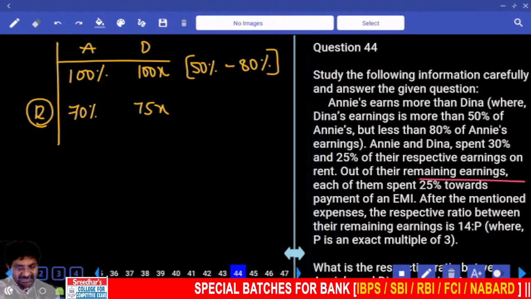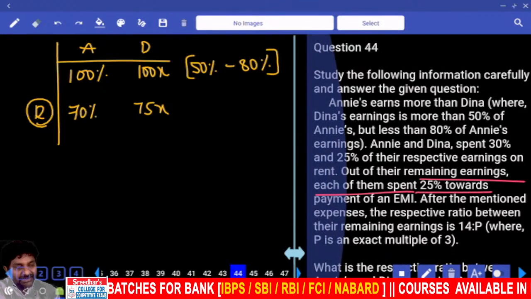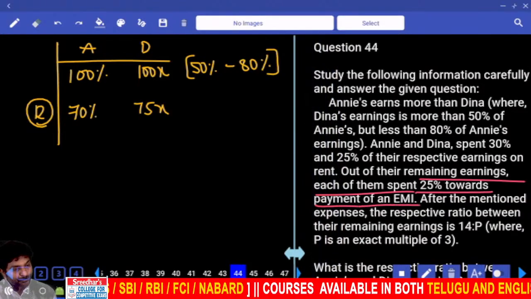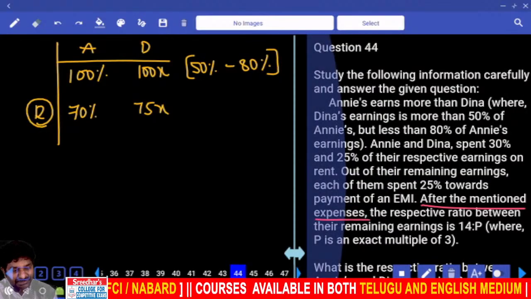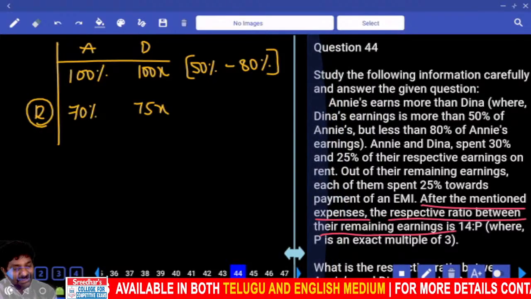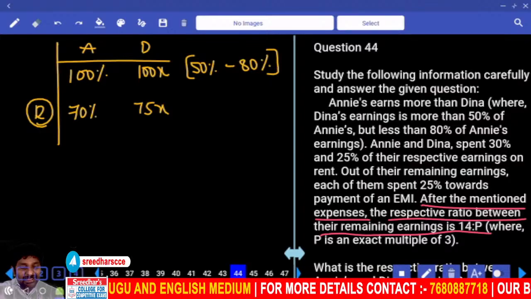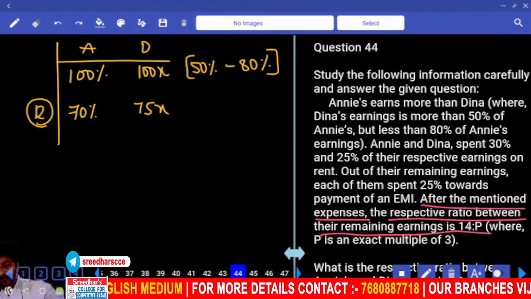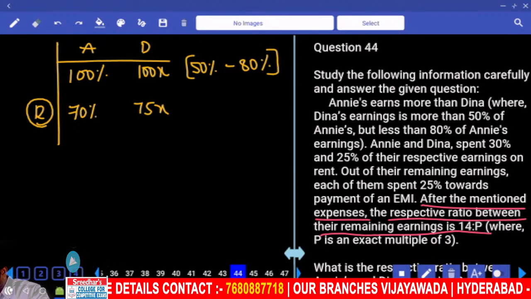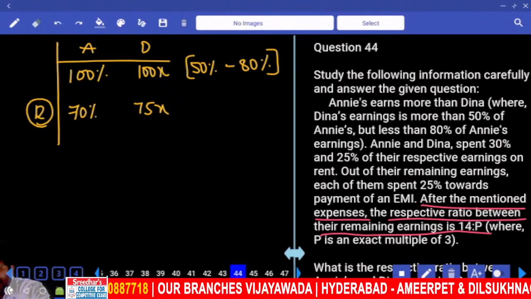Out of the remaining earnings, that is 70 and 75x, each of them spend 25% towards EMI payment. After the mentioned expenses, the respective ratio between their remaining earnings is 14:P, where P is an exact multiple of 3. Out of remaining 70% and 75x, how much are they paying towards EMI? Then what is remaining?